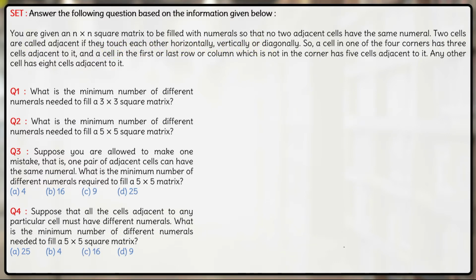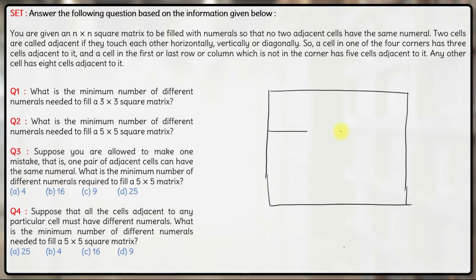Okay, so let's first draw a 3 by 3 square matrix over here. There are 3 rows and 3 columns.